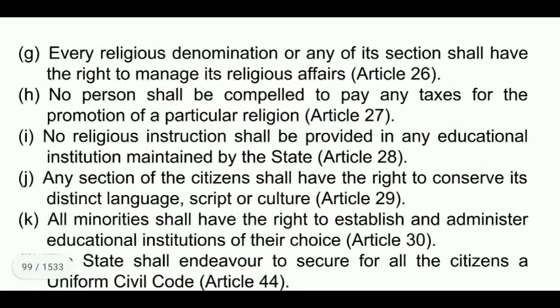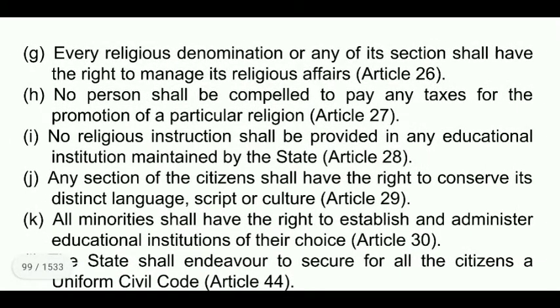Seventh, every religious denomination or any of its sections shall have the right to manage its religious affairs. Article 26. Eighth, no person shall be compelled to pay any taxes for the promotion of a particular religion. Article 27. Ninth, no religious instruction shall be provided in any educational institution maintained by the state.